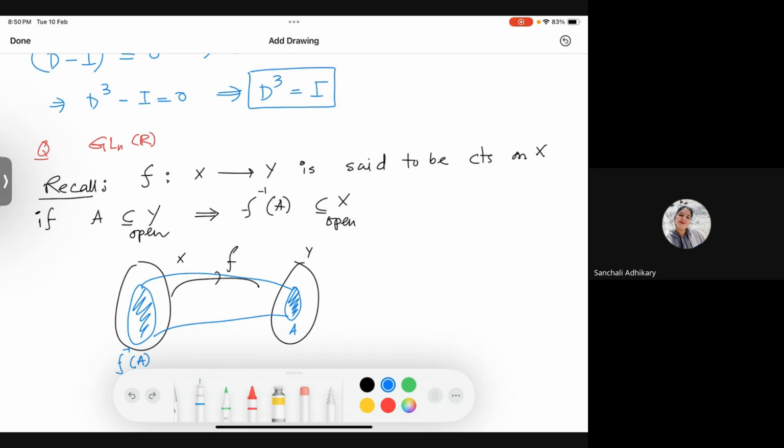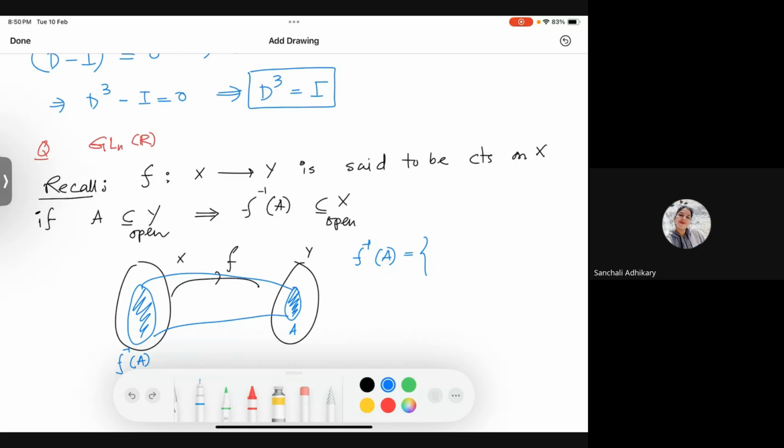What is f inverse A? Anyone? F inverse A does not mean the function f is one-one and onto. Actually, this is a set. Don't think about the inverse of f. This is a notation.